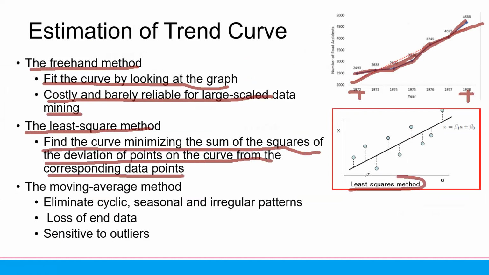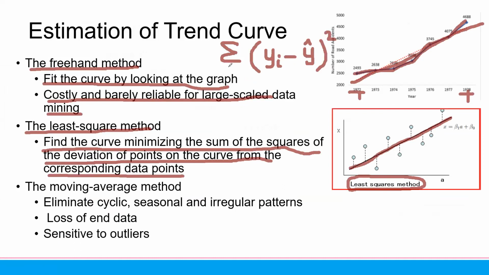The least square means we have the actual data, let's say this yi, minus the y prediction. The y prediction is the line that we want to draw. And then we do the square. That's what is meant by the square. And then we will do the summation.